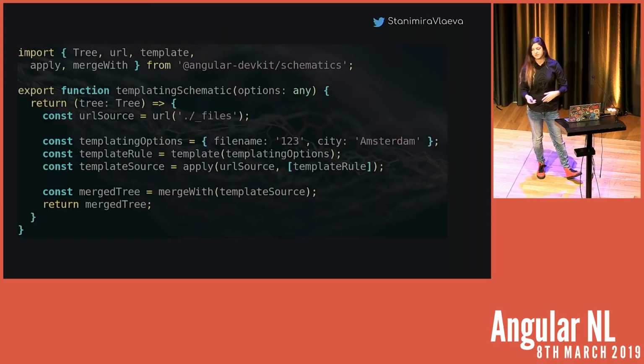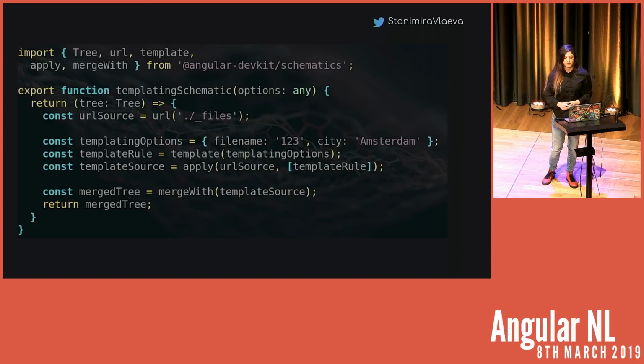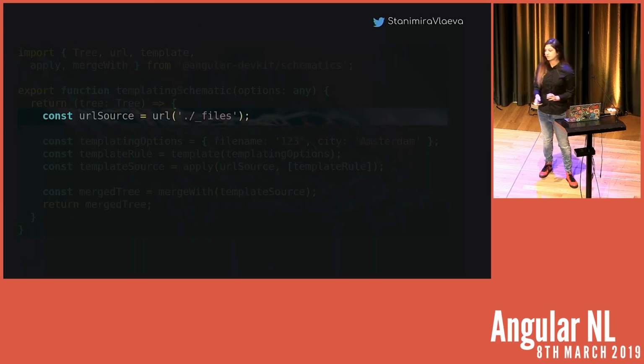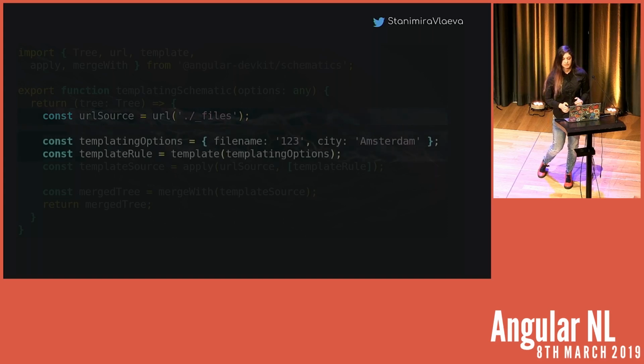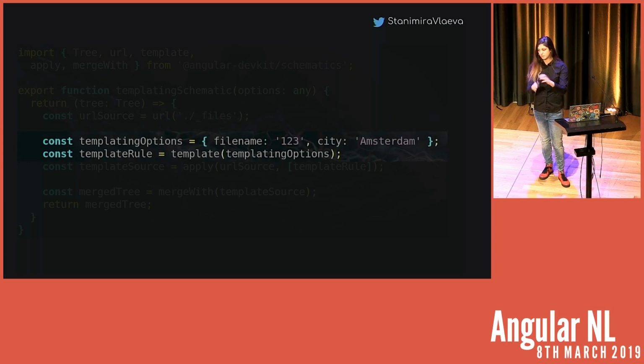Okay, this is the refactored code from before. So first, we have the URL source. This will create actions for creating every single file in the files directory. Then we have the template rule. When we apply that rule to some tree, it will interpolate and evaluate all the functions that we saw earlier.